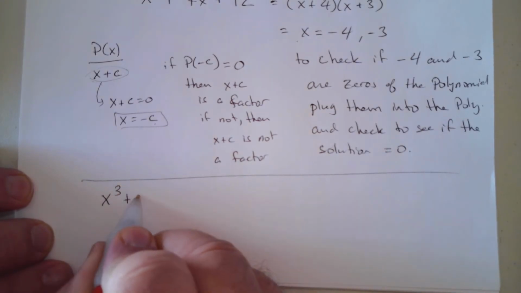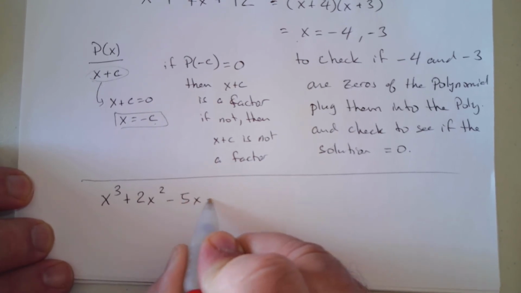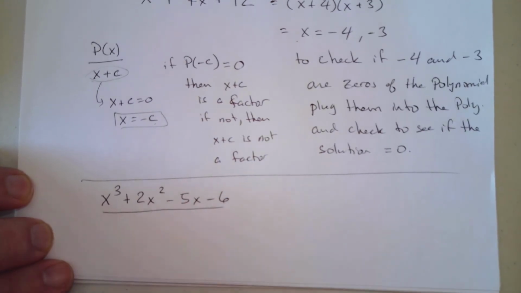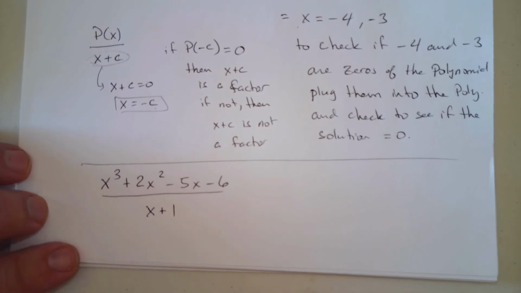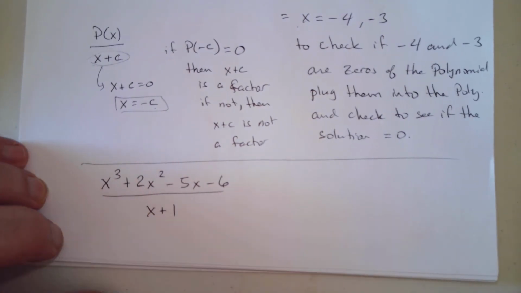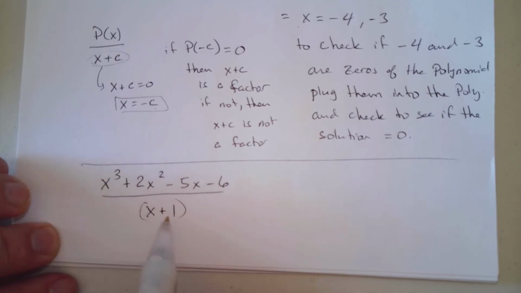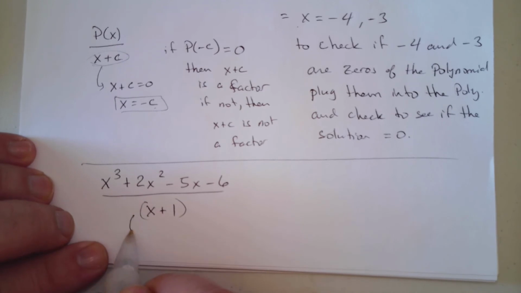x cubed plus 2x squared minus 5x minus 6. Yeah, we did the long way this way. And we got solutions. But we could have saved our time by saying, is x plus 1 an actual factor of this? Take this, set it equal to 0, and solve it.